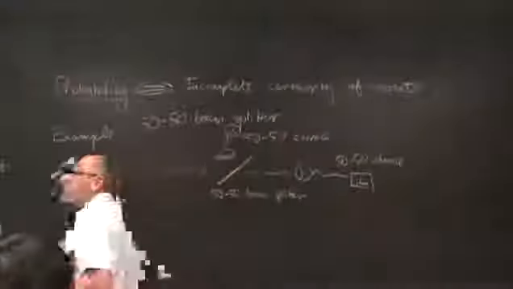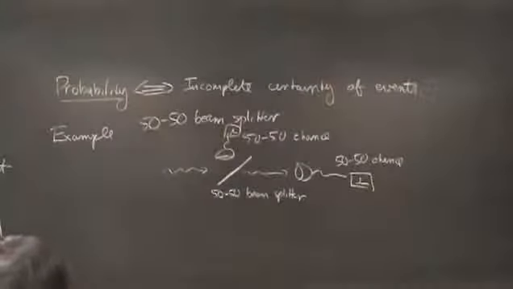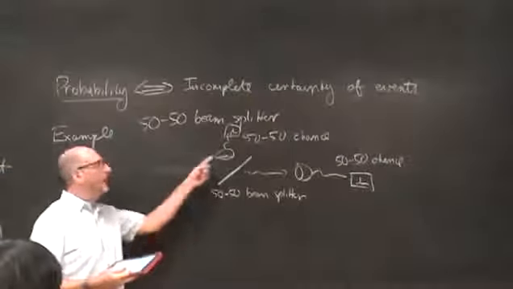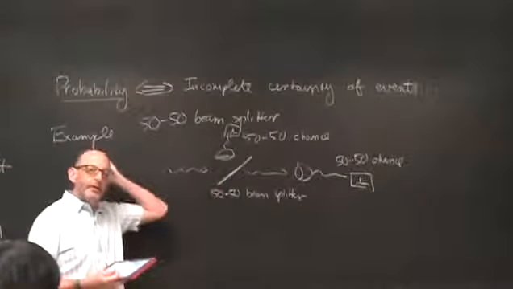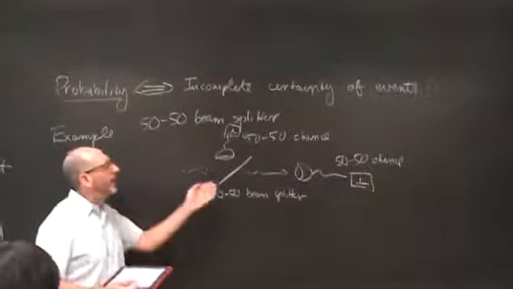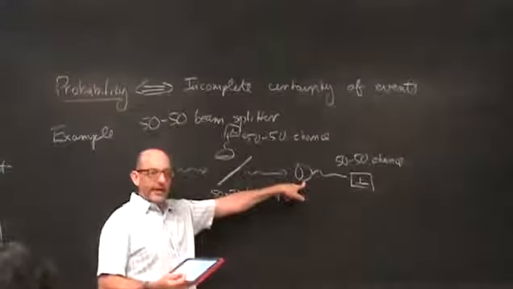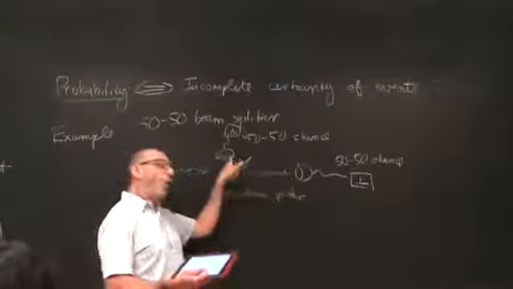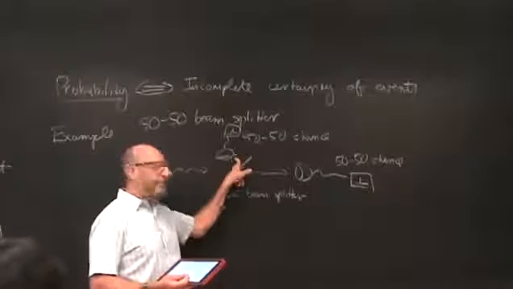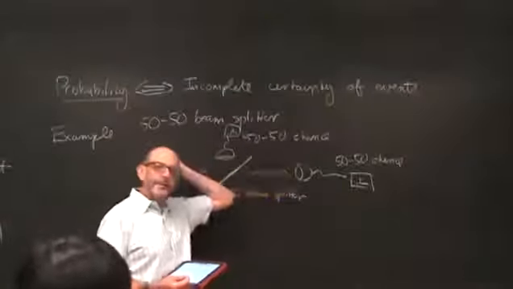So what is true is that if I send this single photon onto this beam splitter, then either this detector goes click or that one goes click, but they never both go click at the same time.